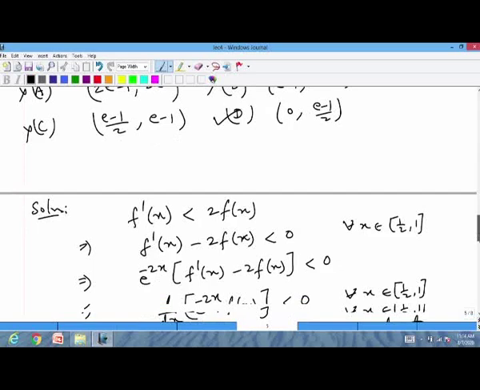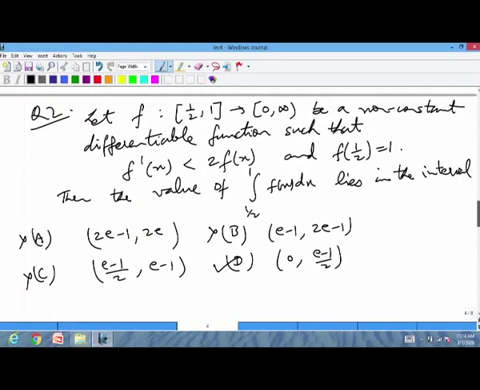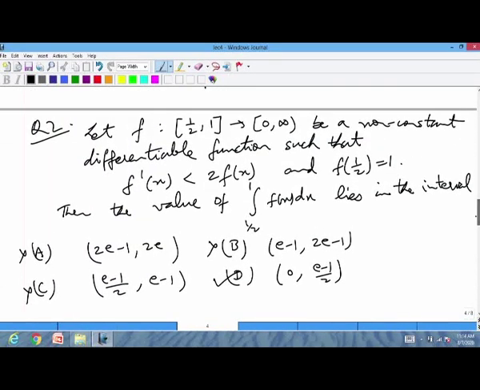So, note that in this solution we do not need to use that f is a non-constant function, but this is given in the problem, because if it was not specified that f is non-constant, then you can take f to be the constant function, because f of half is given to be equal to 1.